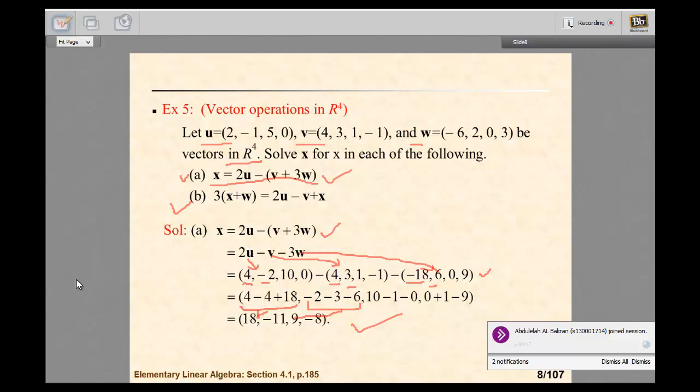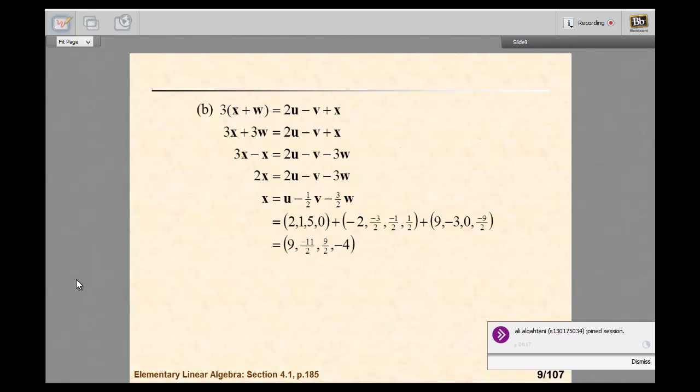Question B says 3x plus w is equal to 2u minus v plus x. This is also the same question: you have to find the value of x. Just open the bracket, so 3x is equal to 3w, and there is 1x. Take this x to the left side, and similarly just solve. Let's see the same question on the next slide.